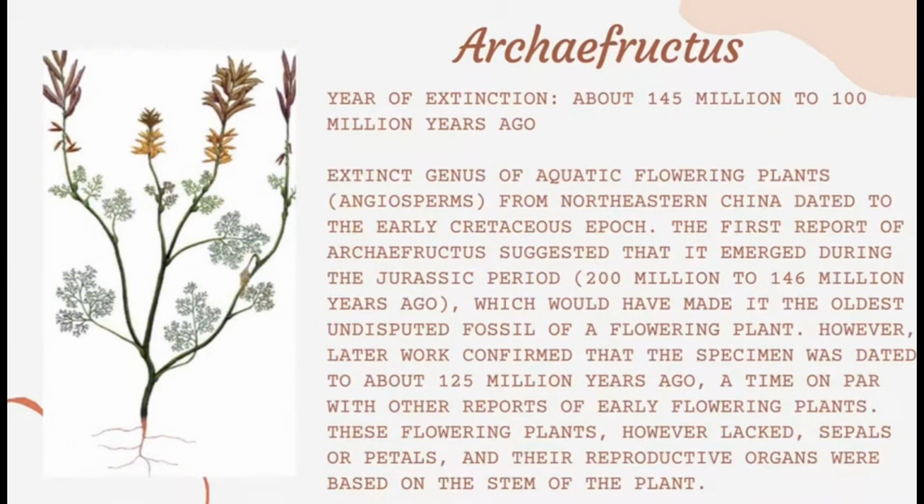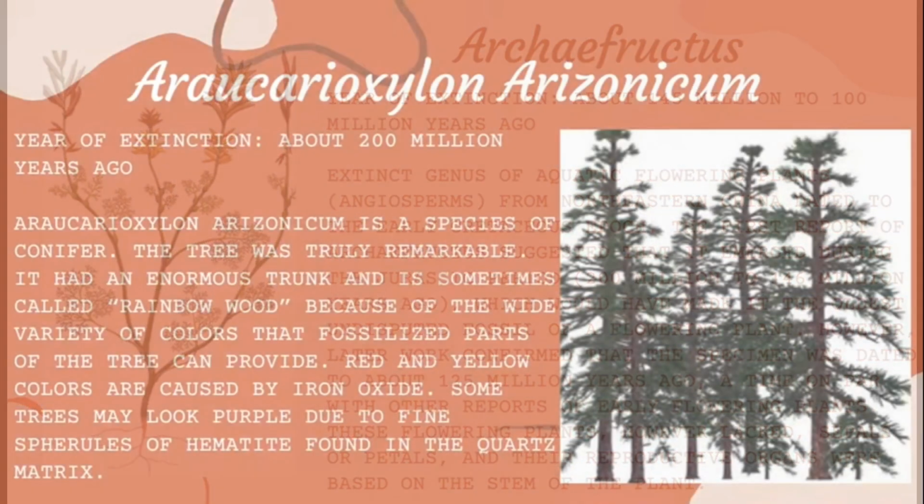However, later work confirmed that the specimen was dated to about 125 million years ago, a time on par with other reports of early flowering plants. These flowering plants, however, lacked sepals or petals, and their reproductive organs were based on the stem of the plant.